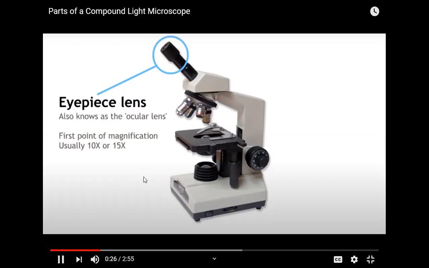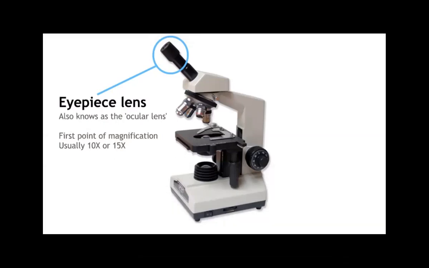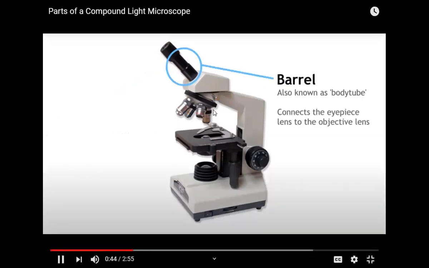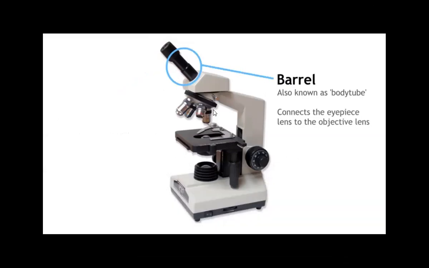The eyepiece lens. It's also known as the ocular lens, and it is the first point of magnification with a 10 times or 15 times magnification. The barrel. It is also known as the body tube. The barrel connects the eyepiece lens to the objective lens, which we'll look at in a minute. The arm. The arm is like the backbone to the microscope.